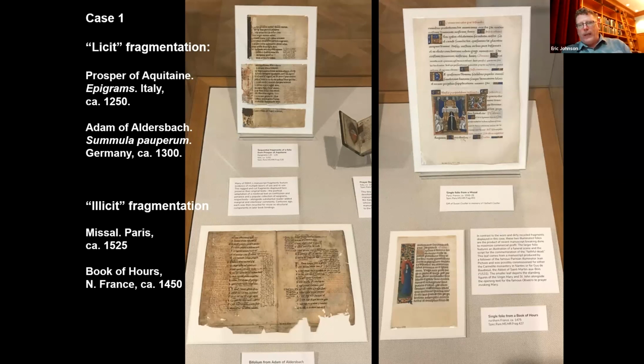On the right, then, we have what becomes really the major family that is explored in the rest of Deathless Fragments, or the majority of Deathless Fragments, which is that illicit fragmentation, or the deliberate breaking of manuscripts for the dispersal of leaves as artistic objects for commercial profit. And so we have a couple examples there. On the bottom is an illuminated book of ours.